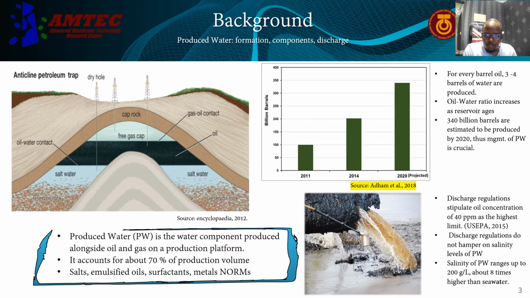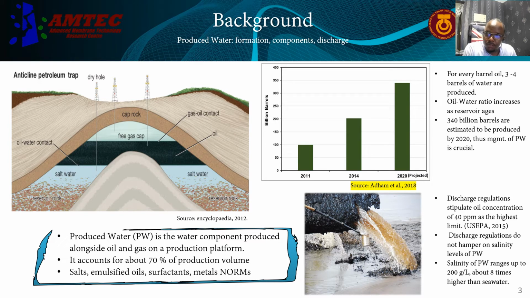So here we have a bit of a background. Produced water is simply the water component that is associated with the production of oil and gas. It accounts for about 70% of production volumes. It's hypersaline with salinities reaching up to 8 times that of seawater, and its chemistry is location specific.